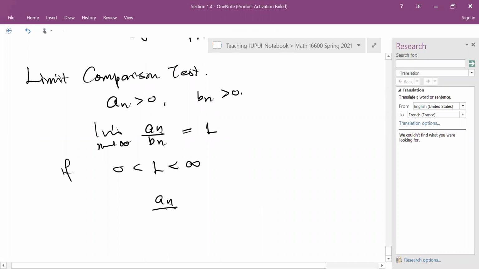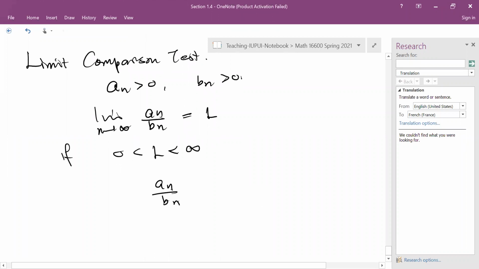Because a_n over b_n approaches L, so it's going to be less than or equal to 2L and greater than or equal to half of L. Do you agree, right?